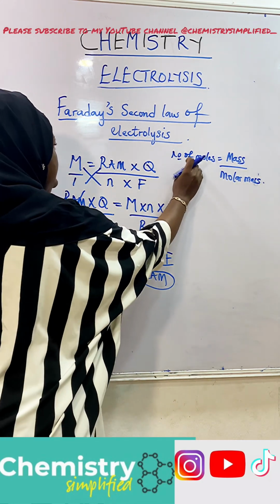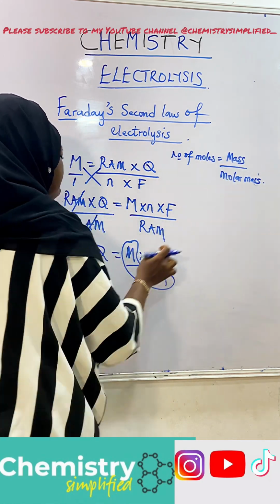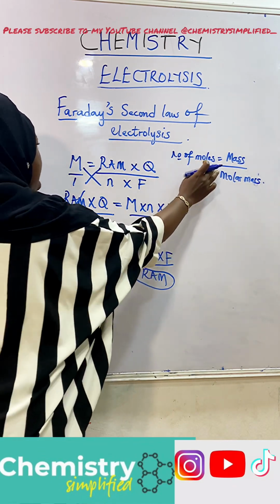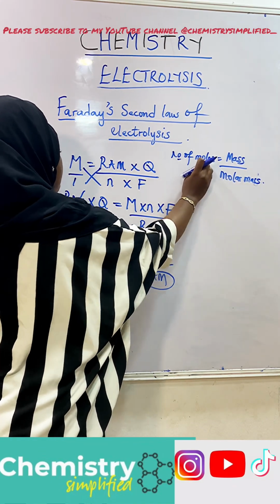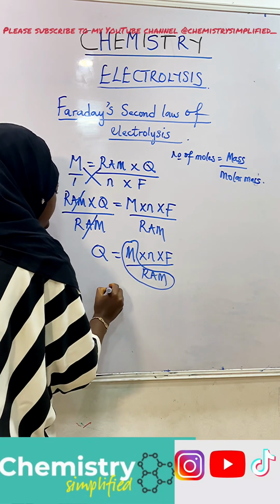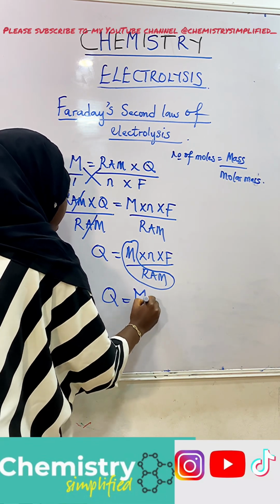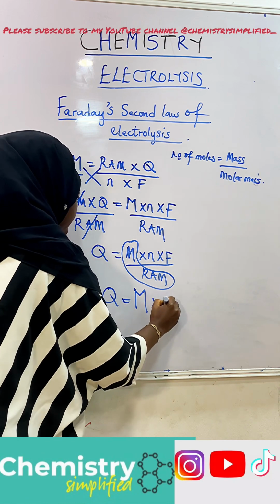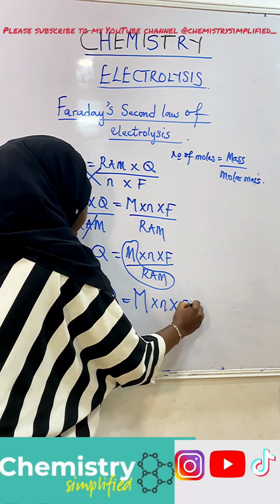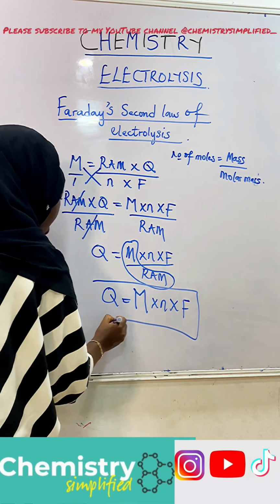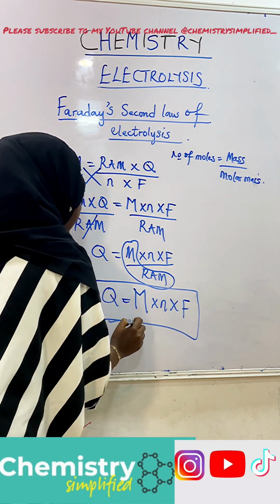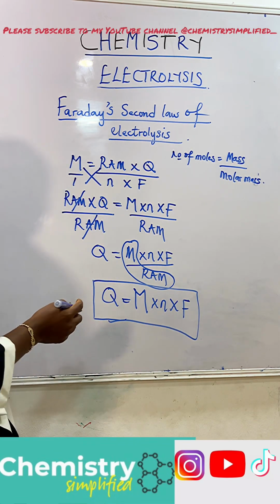So I can input my number of moles, which is mass over molar mass, into this equation. If I do that, it gives Q equals, let's say capital letter M for number of moles, multiplied by number of charges multiplied by Faraday constant. Now this is a new equation for electrolysis.